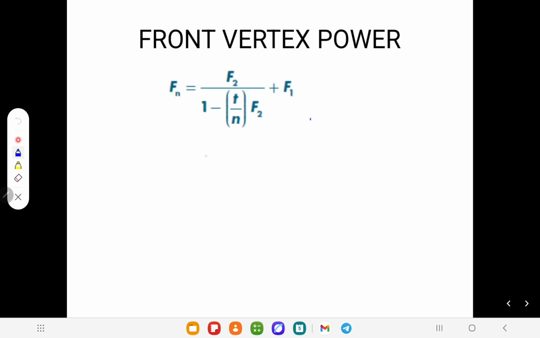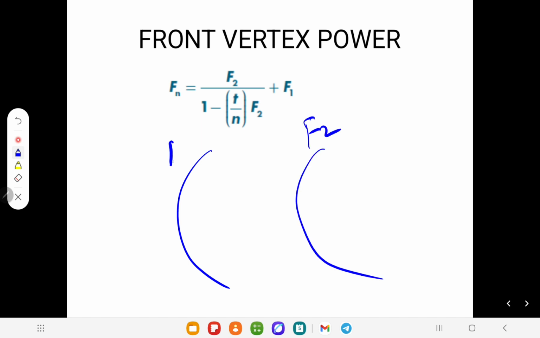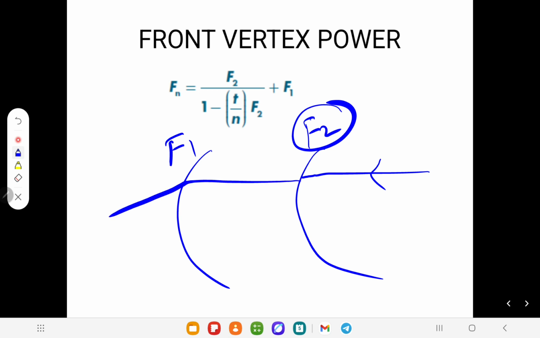The same goes with the front vertex power. See, in this case, it's quite funny. This is F2 and this is F1. Light comes from here. It must, because we have to calculate the downstream vergence of the back surface.